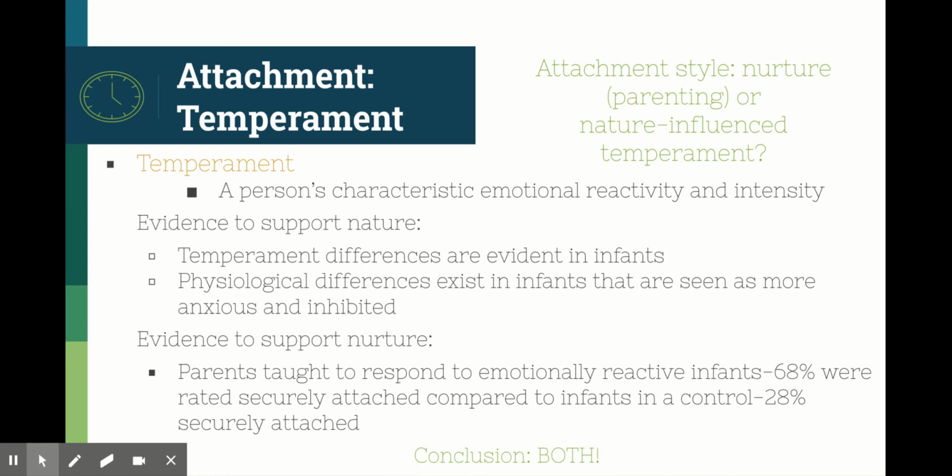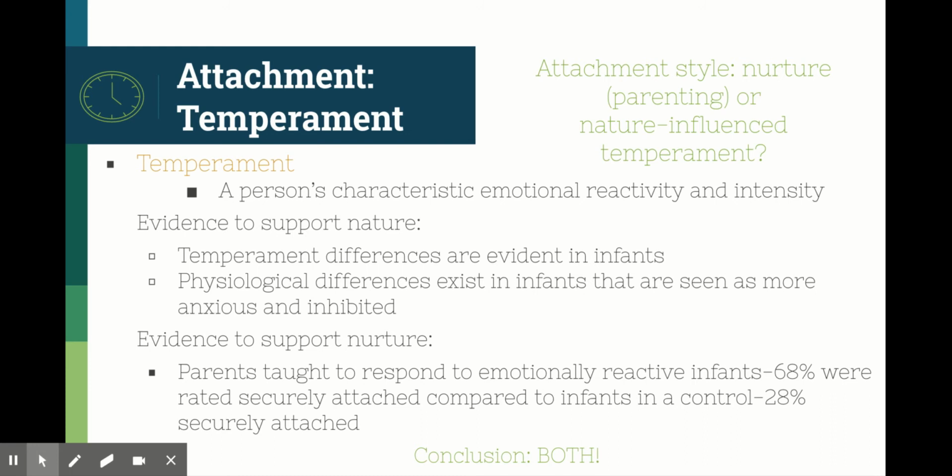But there's also some evidence to support nurture, that parenting style and how a parent interacts with their child affects their temperament. If parents were taught to respond appropriately to emotionally reactive infants that would cry all the time, 68% of those were rated as being securely attached, meaning they were able to basically teach these babies to be more calm.